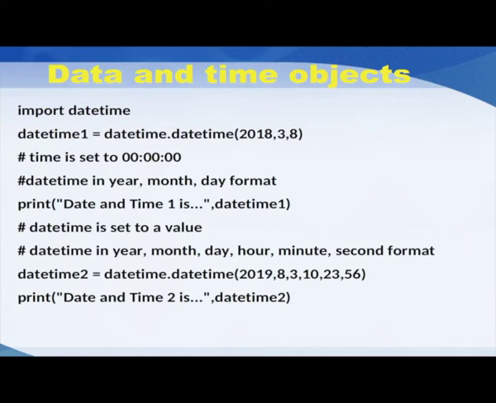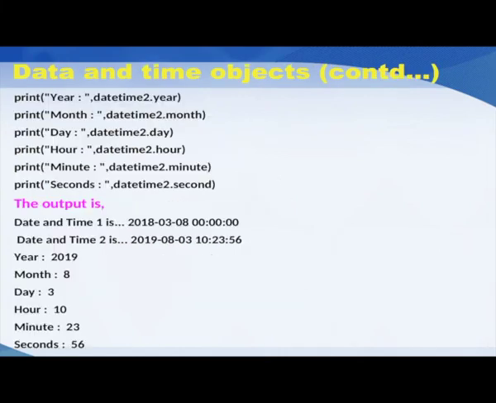When you print this, you can see 2018-03-08 00:00:00. The next datetime, datetime2, is set to a new value, but this time we are giving hour, minute and second. Again we have a few statements which will help you understand how to print the year, month, day, hour, minute and second individually. For this script you can see the output on the screen.